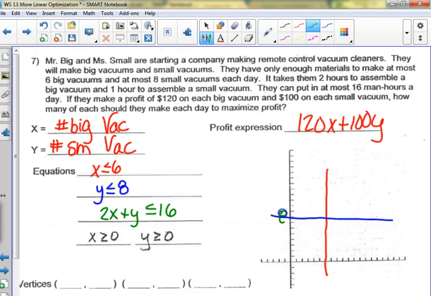This was 8, this was 6. It would start up at 16 and go down 2 and over 1, which means it would cross over here at 8.